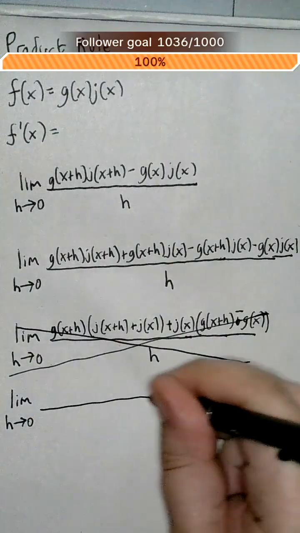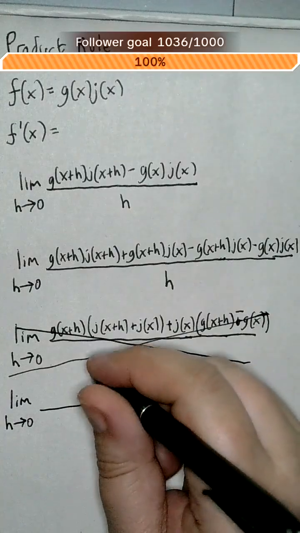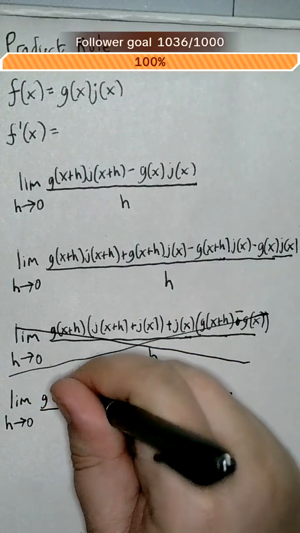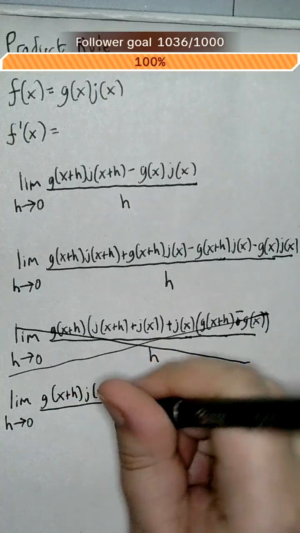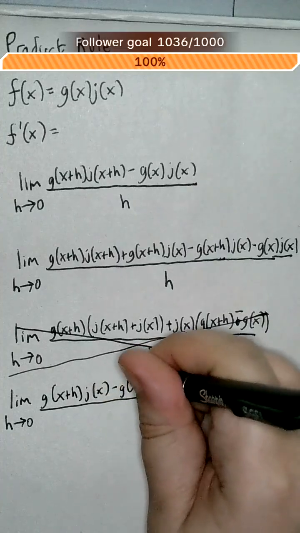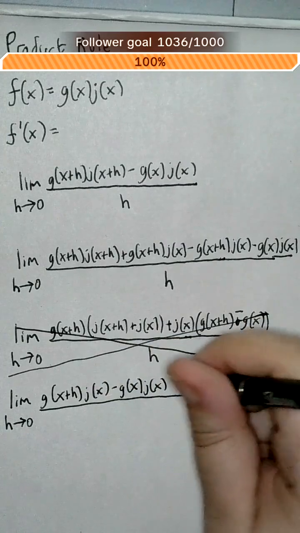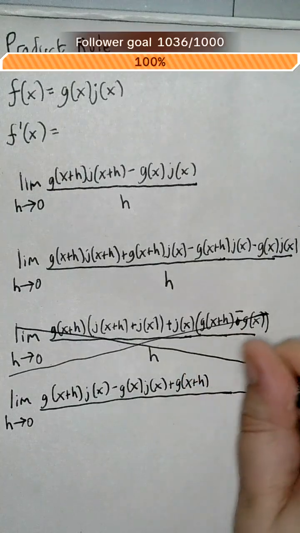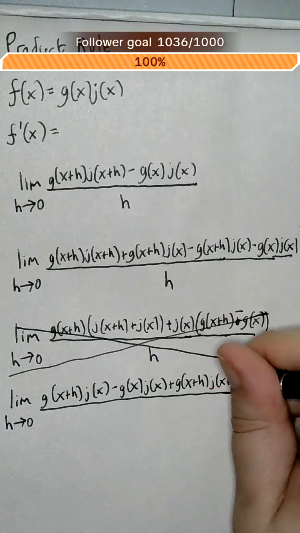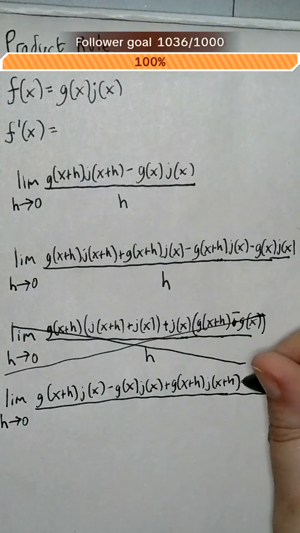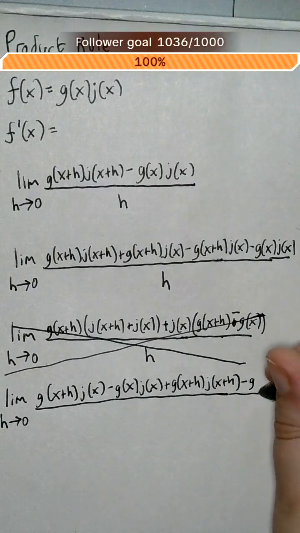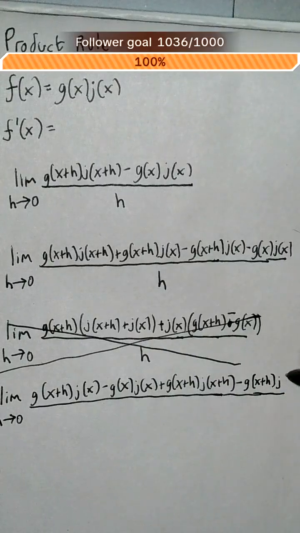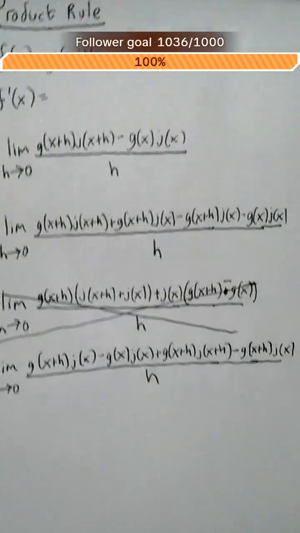So I have limit as h approaches 0 of g of x plus h times j of x minus g of x, j of x, plus g of x plus h minus g of x plus h, j of x, all over h. There we go. Sorry about that. Now it's going to work.